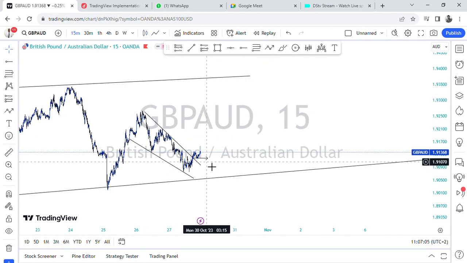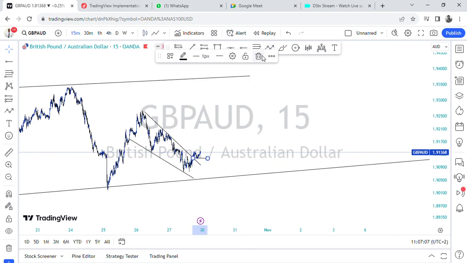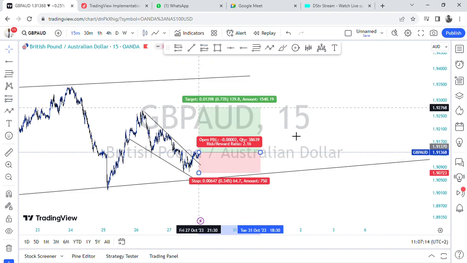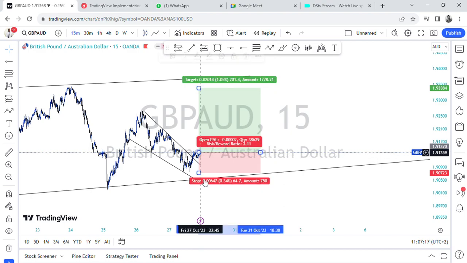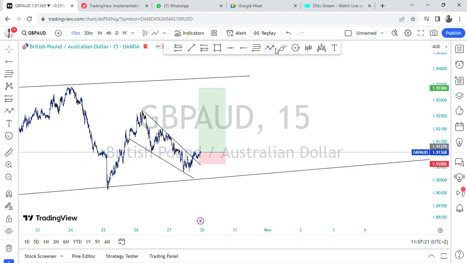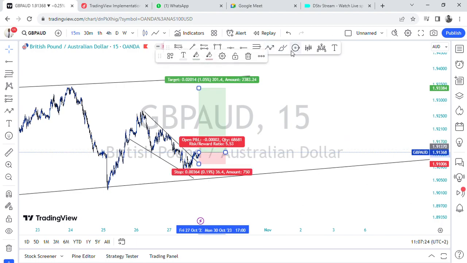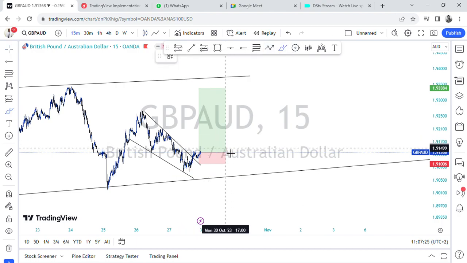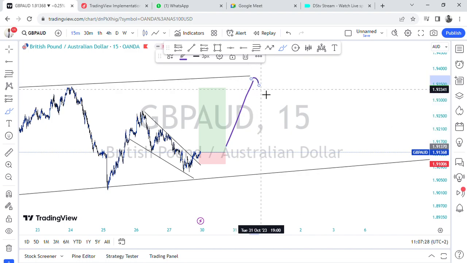Just monitor it and make yourself available for this. There we go. That's the setup, and then you expect it to go all the way up here. So this is it for the pound AUD.